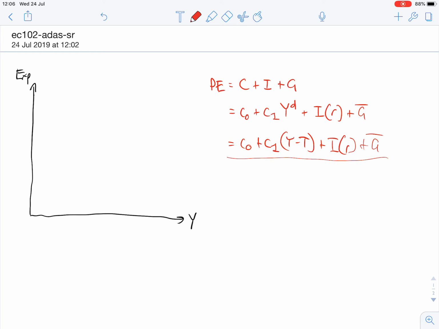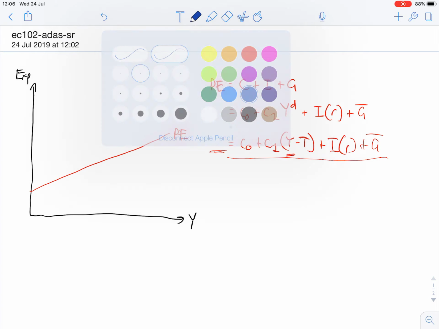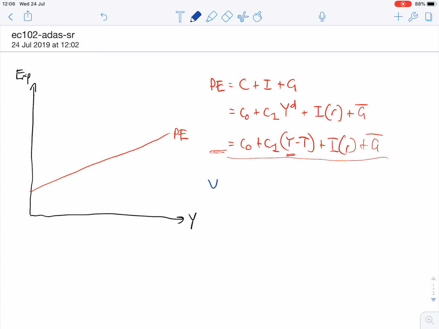Using this equation, noting that it gives us a relationship between Y and the value of PE, we draw that as something like this, planned expenditure. In equilibrium, in the Keynesian cross market, or in the goods market more generally, we know that the amount of income available must equal the amount of income that we plan to spend.